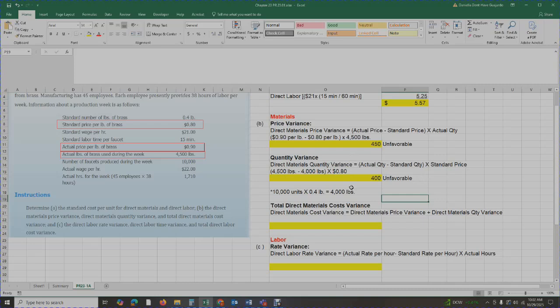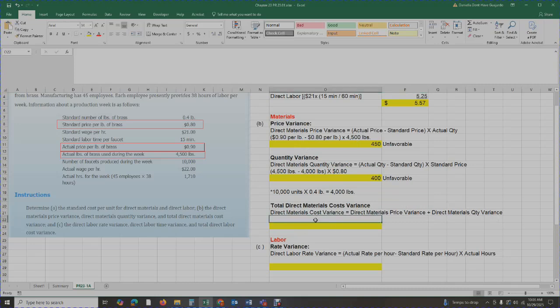Once you have that calculated, the third one is a piece of cake because you're going to get those two numbers that we calculated above to calculate your total direct material cost variance. Your total direct material cost variance is your direct materials price variance plus your direct materials quantity variance.